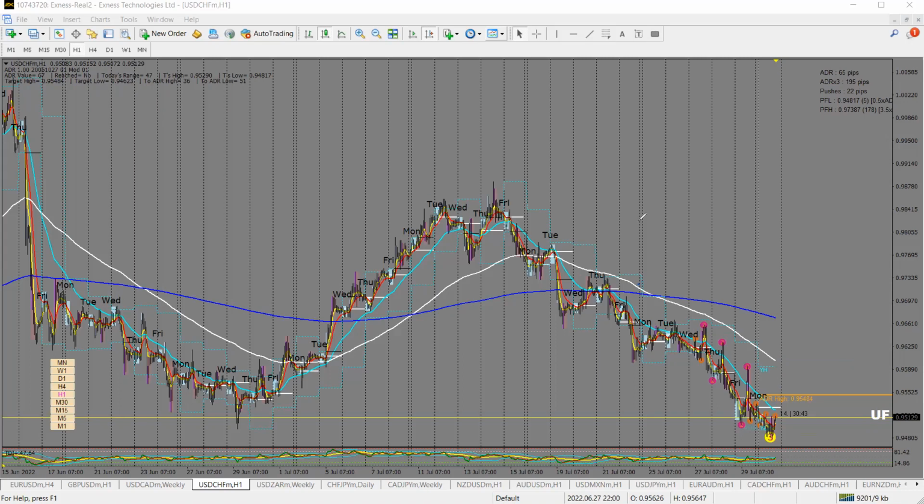Our peak formation again, level 1, level 2, and then level 3 as well. So basically we are expecting this to buy to the 200. This white line, is it your 200? Yes, this one. We're expecting it to buy from there and then go all the way down as well.